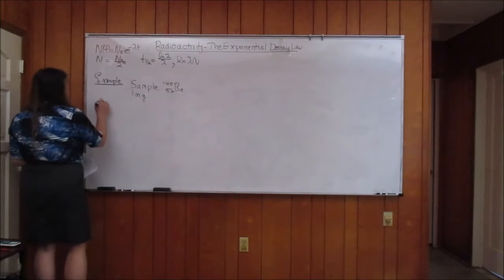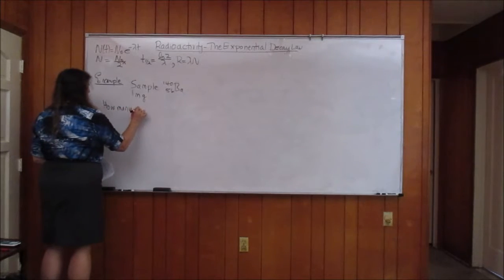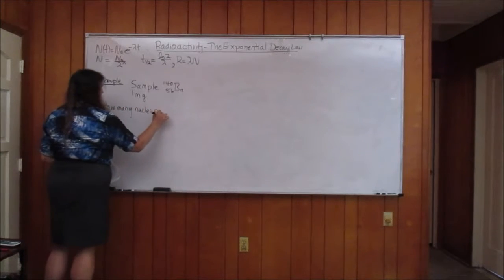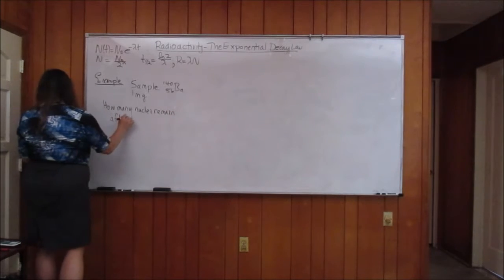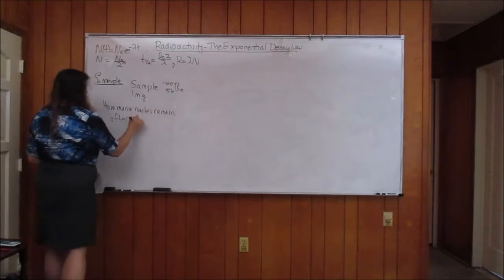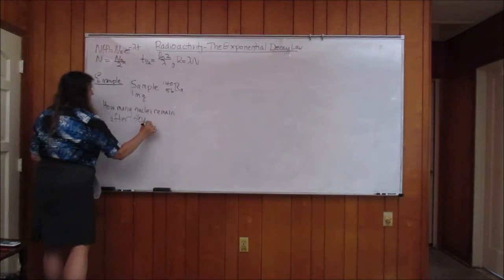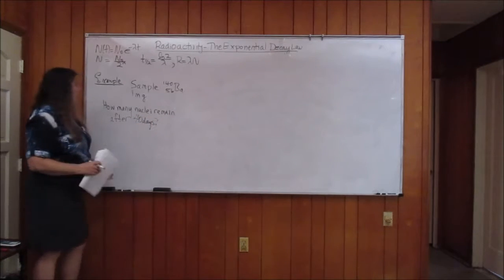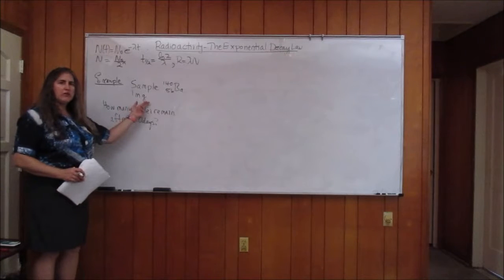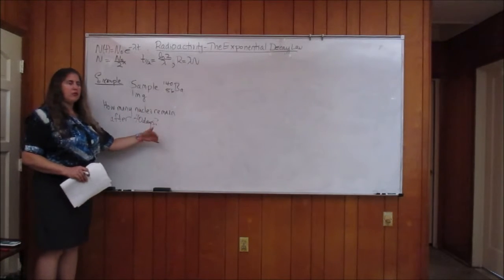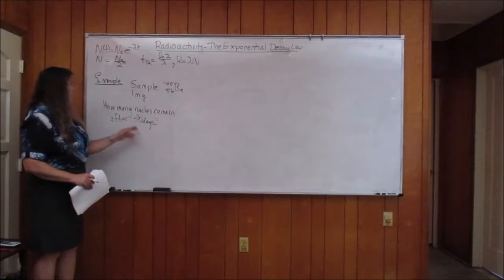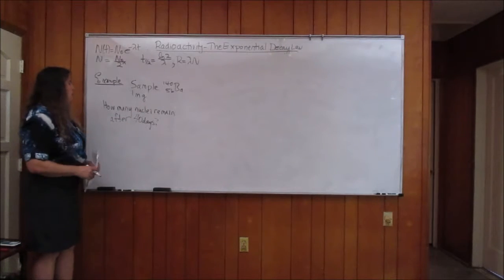I want to figure out how many nuclei remain after, let's say, 40 days. You're given the amount in terms of grams, and you're also told how many days after you collect your sample. You want to see how many remain after that time has transpired.